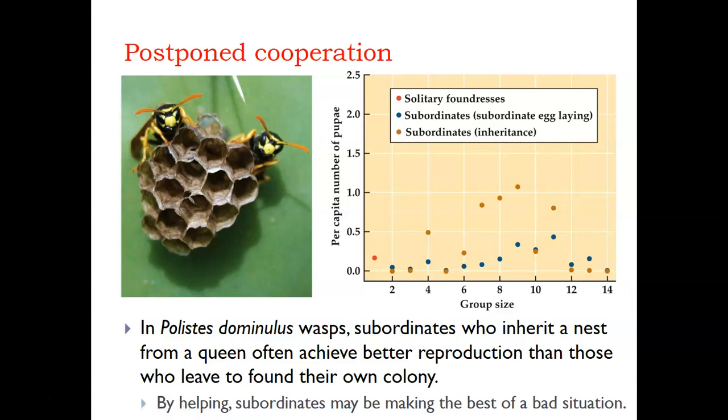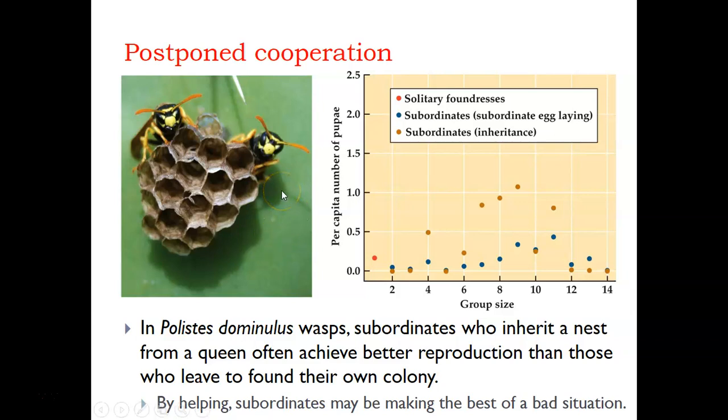So the foundress, most of the time, the eggs that are laid in these cells will be of the foundress queen, but occasionally she does seem to permit her subordinates to lay eggs on the sly. And so that does allow the subordinates, by helping and being part of this small group, this small family of paper wasps, to still get some reproductive success out of this deal.